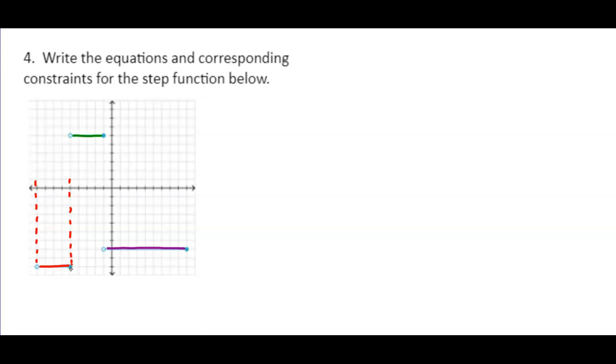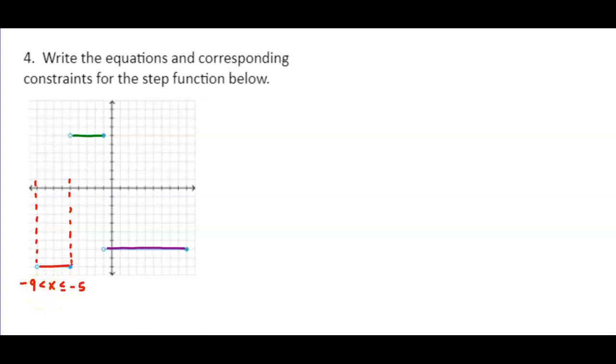So this is going to be a compound inequality. We need to make sure there's not an equal to on the left, there is an equal to on the right. So if I were to write this as a constraint, it would be that my x's are between -9 and -5. Again, not equal to on the left, equal to on the right.